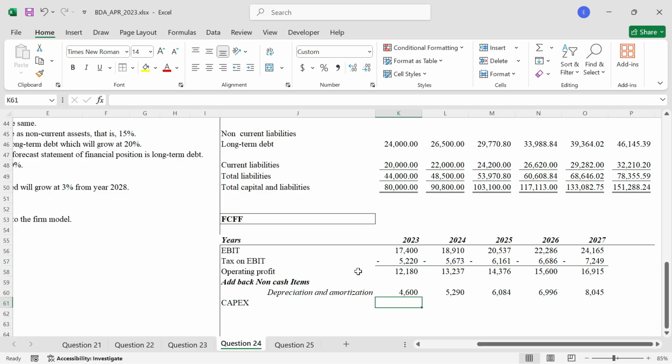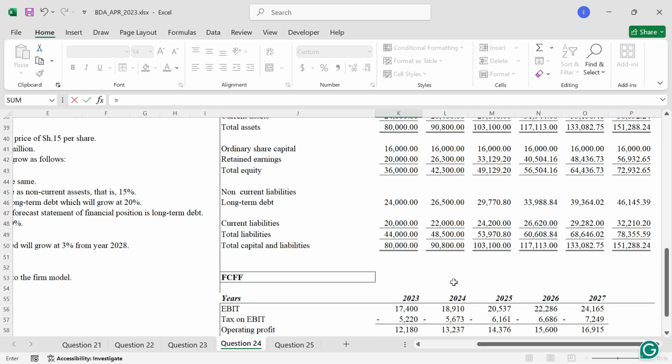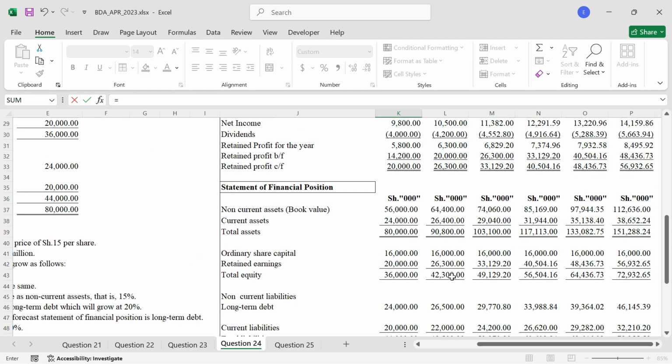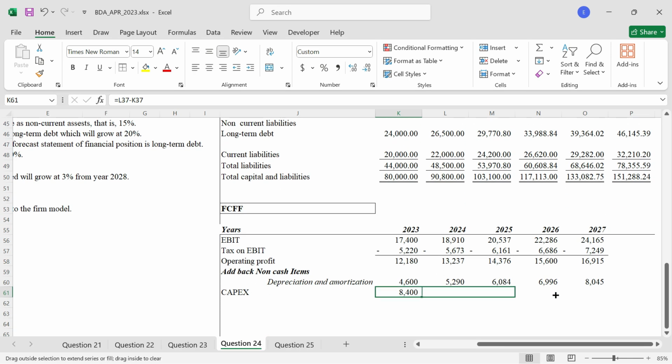Capex would be the difference in my assets. If my assets were this value one year and a different value in the next year, the difference in value is my amount of capital expenditure. So the capex in 2023 will be the closing value of assets in 2023 minus the closing value of assets in 2020. Copy across.